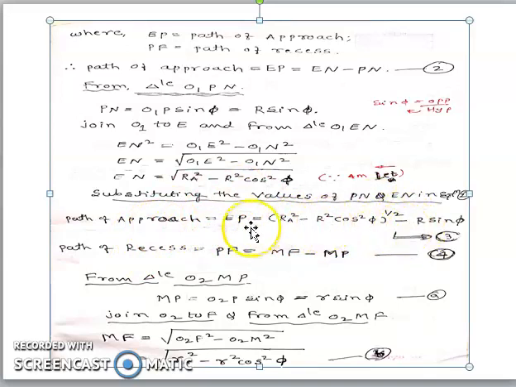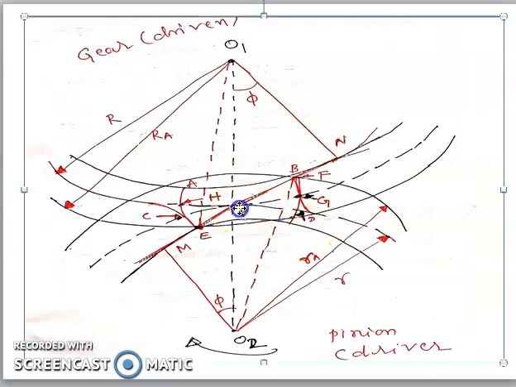Substituting these values of En and Pn in the equation for path of approach, En minus Pn, we get the square root of RA square minus R square cos square phi, minus R sin phi. Similarly, we will go to the path of recess, that is PF. EP is the path of approach, and PF is the path of recess.